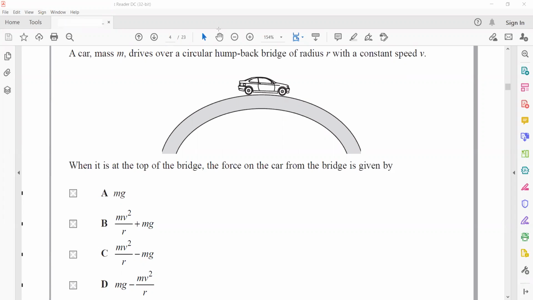So basically, what happened? The weight of the car is acting downward, and because it is moving in a circular track, centripetal force should be there at the center, acting towards the center.